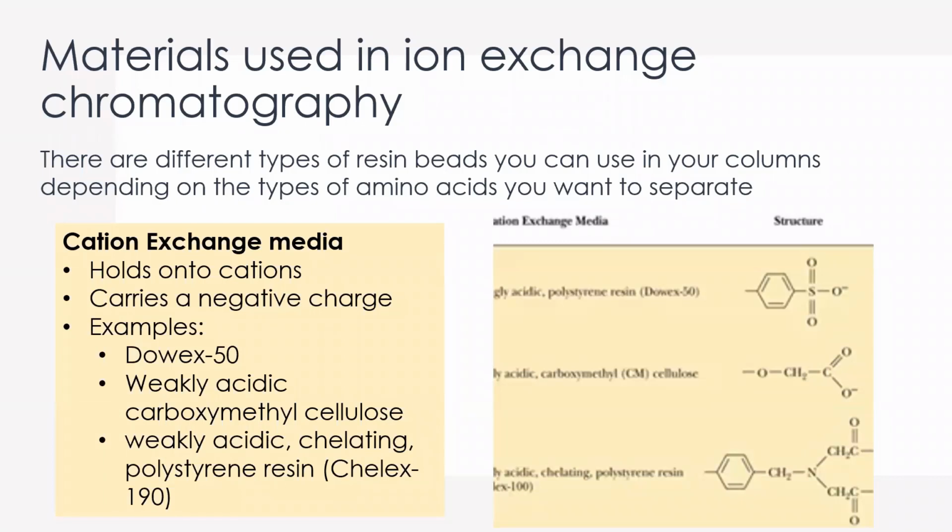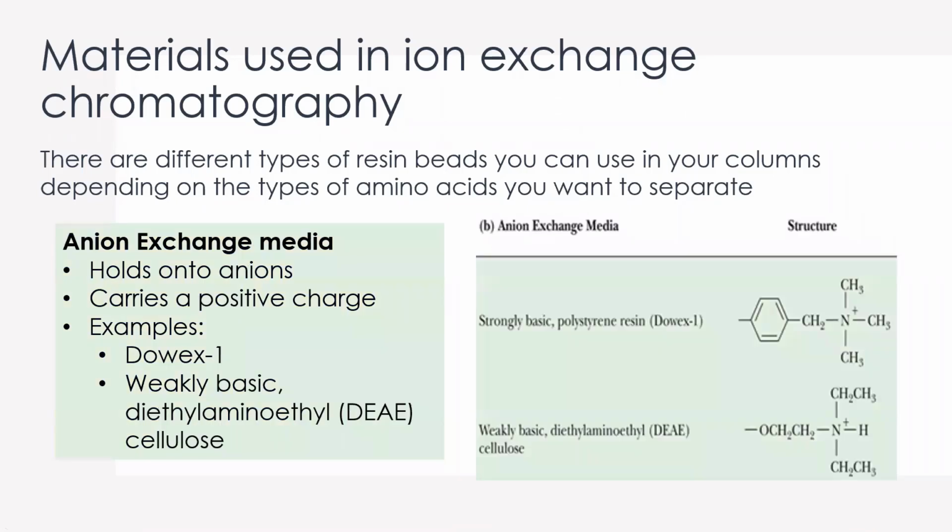Note that the structures of these resin beads all have a negative charge in order to attract and bind the positively charged cations. And I'm giving you some examples of popular cation exchange media, including Dowex 50, a weakly acidic carboxymethylcellulose, and a weakly acidic chelating polystyrene resin known as Chelex 100.